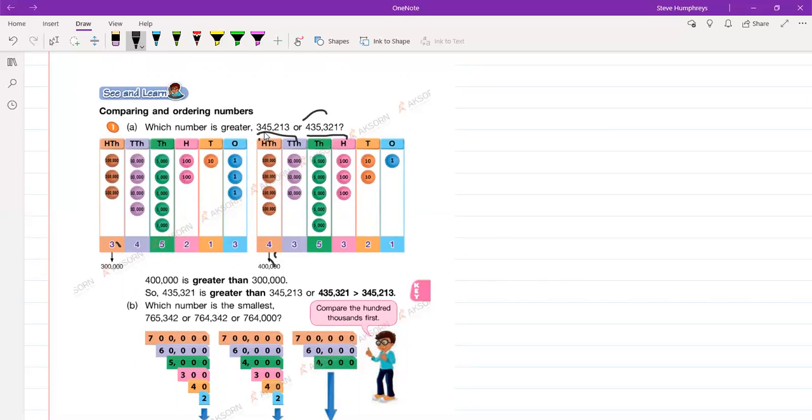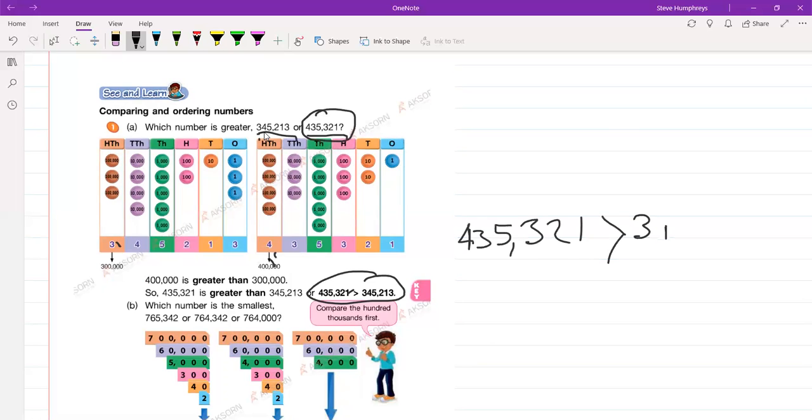So this is the greater number. 400,000 is greater than 300,000. So you could write it like that. 435,321 is greater than 345,213.